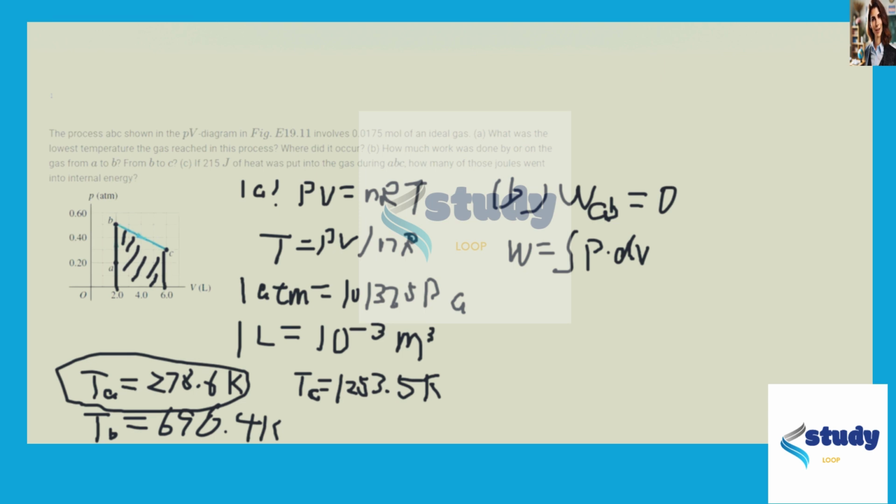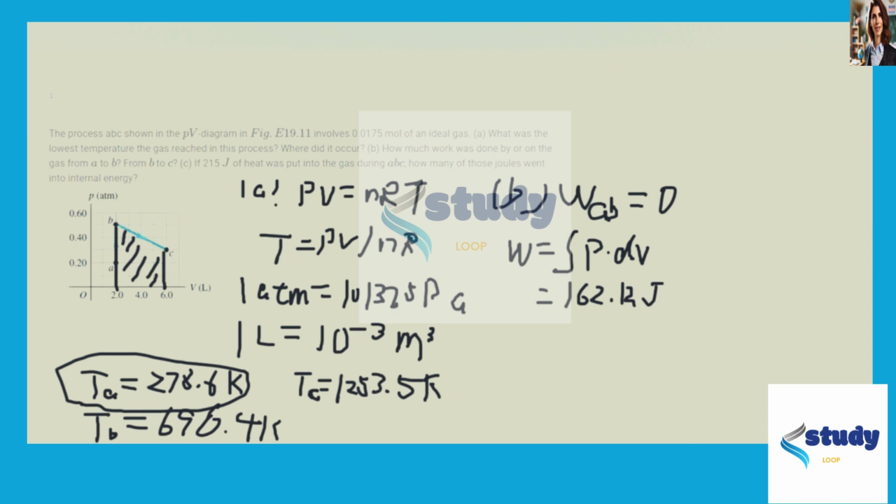So one way is you can plug in the relation between P and V into this integral and then do the integral completely. The other way is to just use simple math and count the area below this line. I'll just tell you the result directly. The shaded area is 162.12 joules.